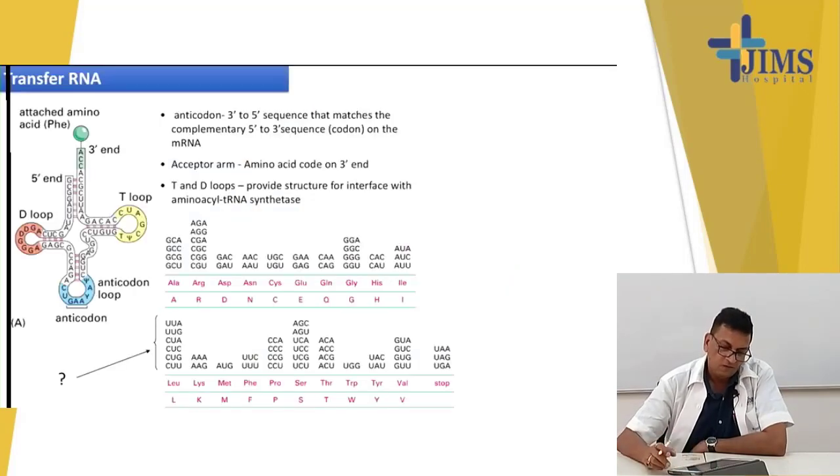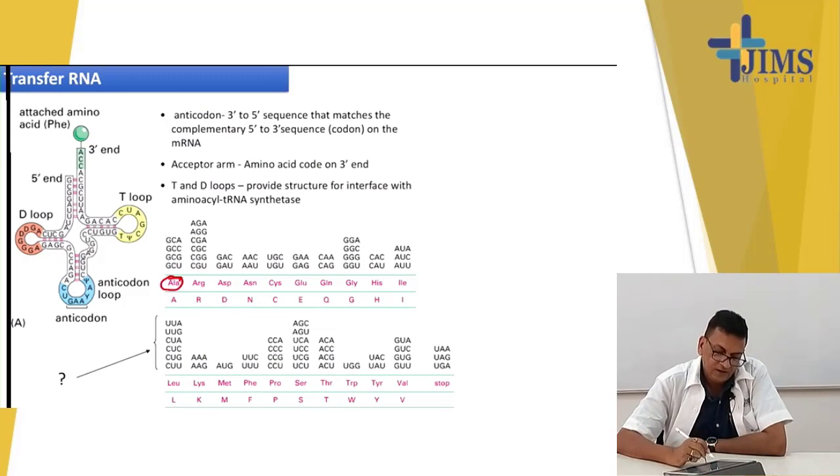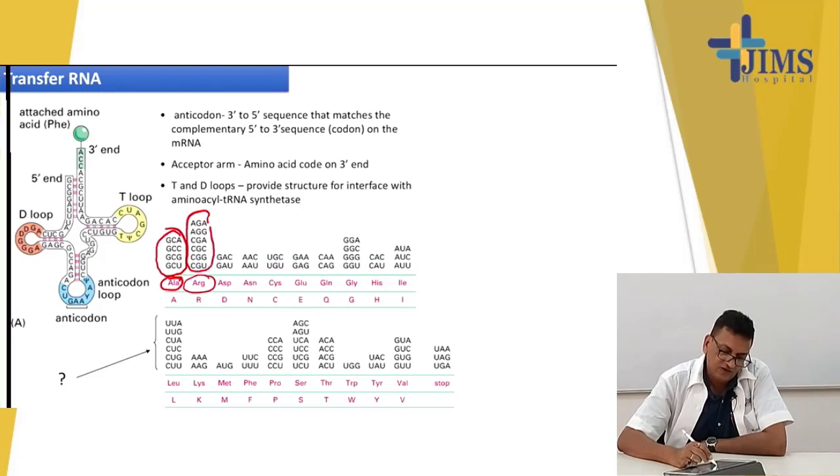This is what we have discussed earlier also. Here you see alanine, one amino acid, is coded by several codons. Arginine is coded by several codons: AGA, AGG, CAG, CGG, CGU. Aspartic acid is coded by several codons.